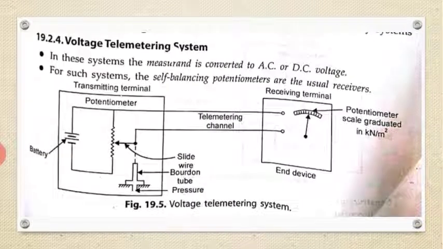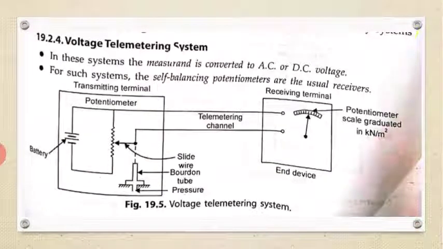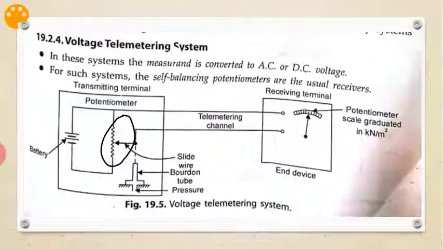Let us begin with the voltage telemetry system. In this system, the measurement is converted to AC or DC voltage. Here a potentiometer is used.